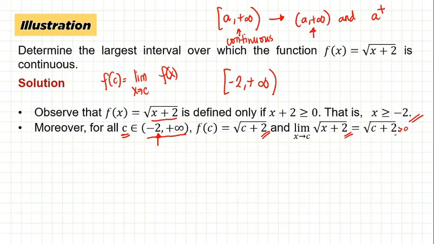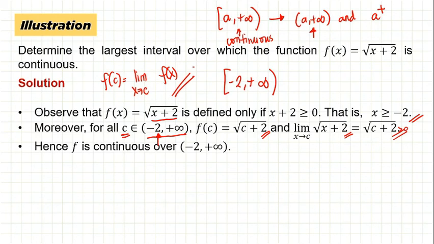Right? Ito magiging 0 lang if c is -2. Pero hindi kasama si -2 dito. Open interval siya. So this will always be greater than 0. So it exists. And they are equal. So this one is satisfied. So we can say that f is continuous over the open interval -2 to positive infinity. So this is our first conclusion.